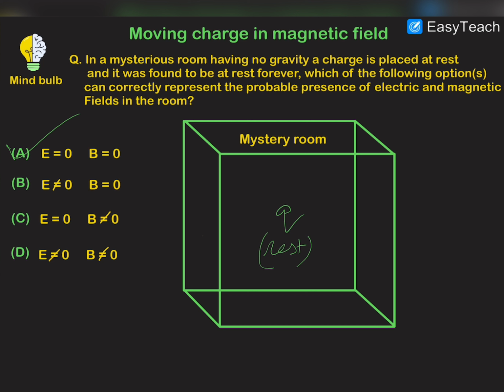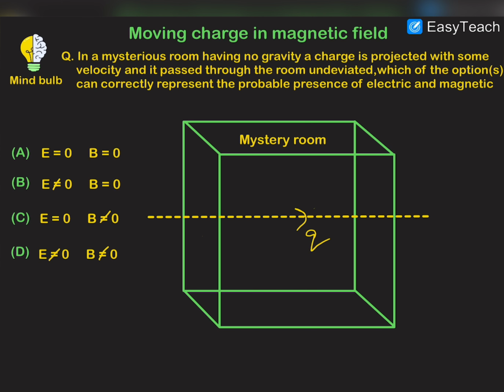This is a correct option, because if electric field is 0, then this charge will not move, and if this charge will not move, then the magnetic field would not apply any force on the charge. So its presence or absence would not make a difference. And option D cannot be the answer, because if electric field is present, then this charge would start to move. So the correct answer of this question is A and C.